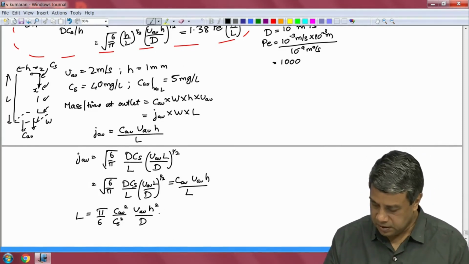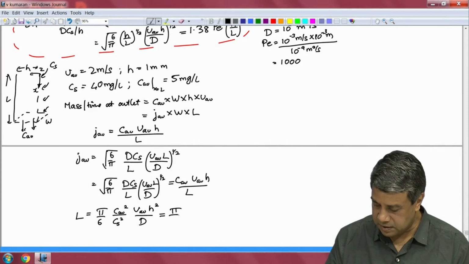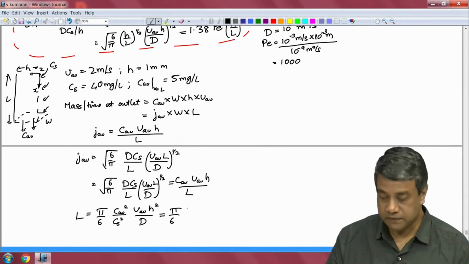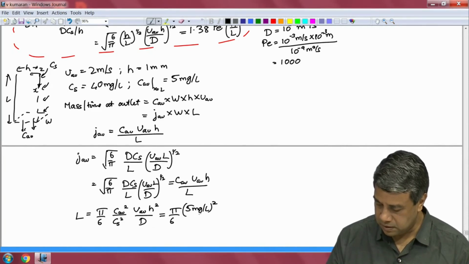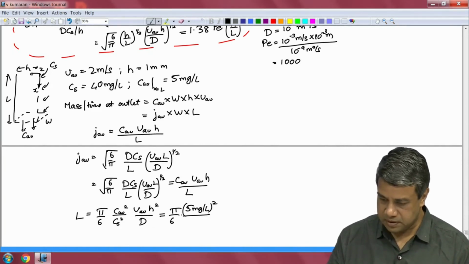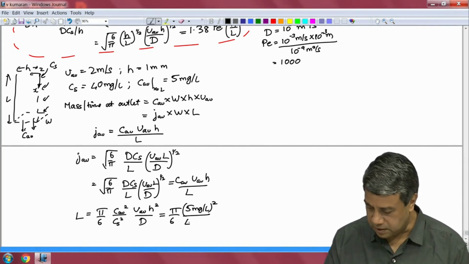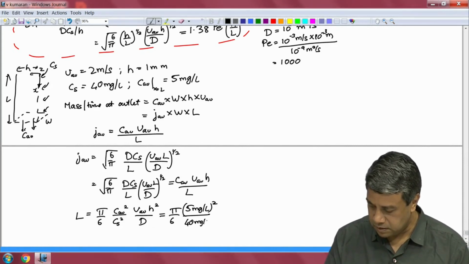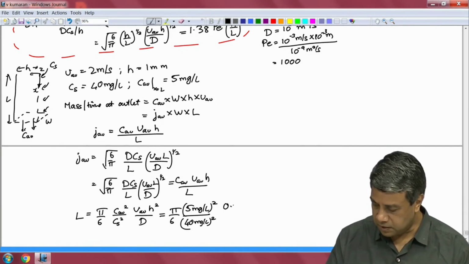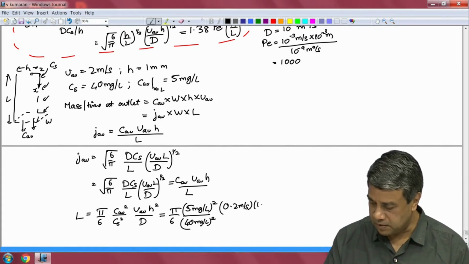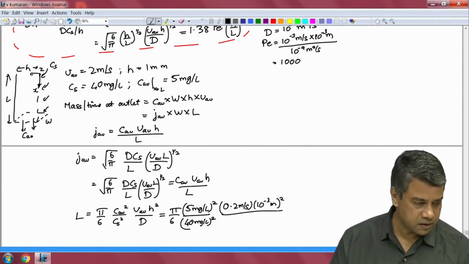Substituting the values, pi by 6 into C average square, which was 5 milligrams per liter whole square, Cs square was 40 milligrams per liter whole square. V average was 0.2 meters per second into H was 1 millimeter, that is 10 power minus 3 meters, the whole square, divided by the diffusion coefficient.